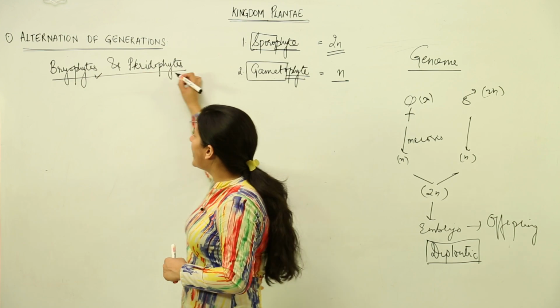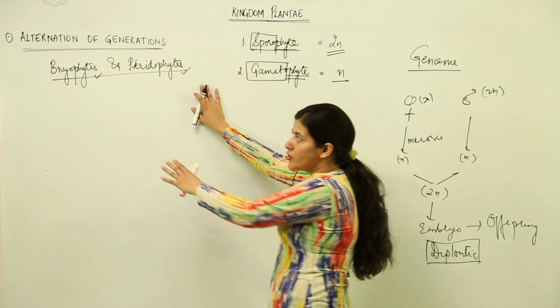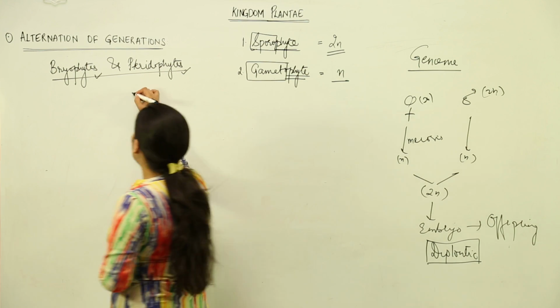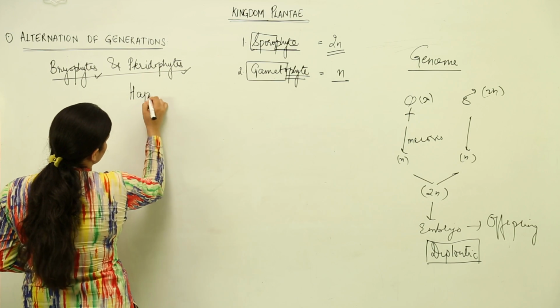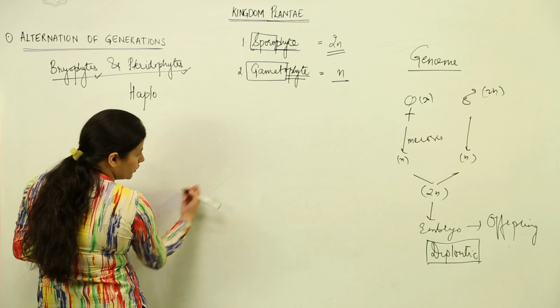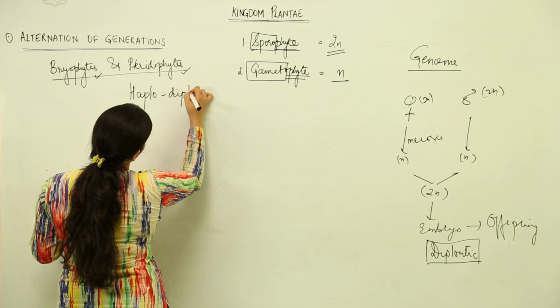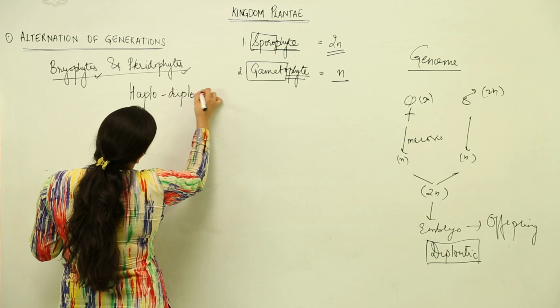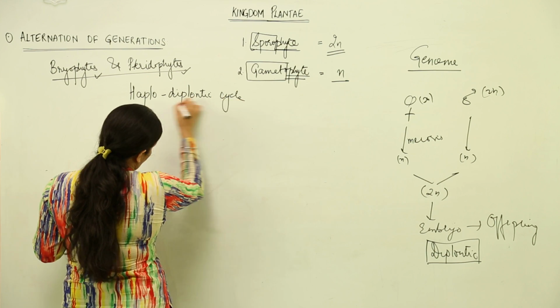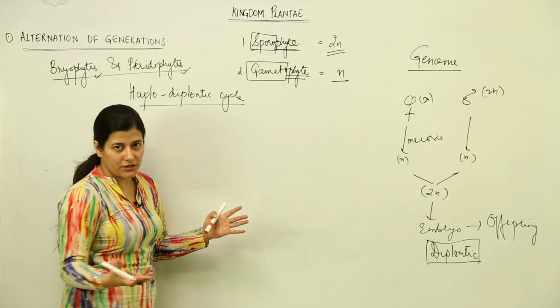Now when we talk about bryophytes and pteridophytes, both of them show haplodiplontic life cycle. That means right now I told you what is haplontic, what is diplontic. They are going to show both haploid and diploid cycle. Now almost everybody shows that.